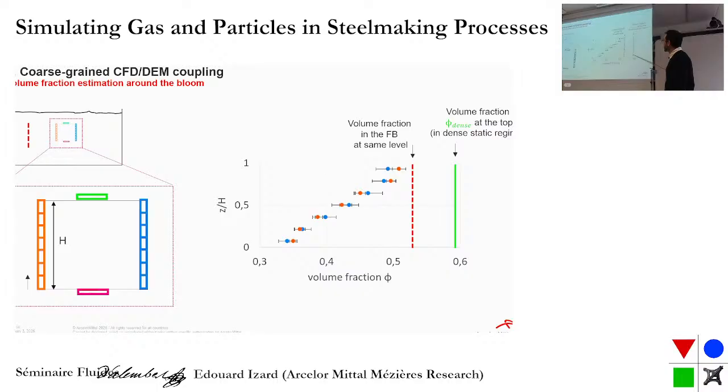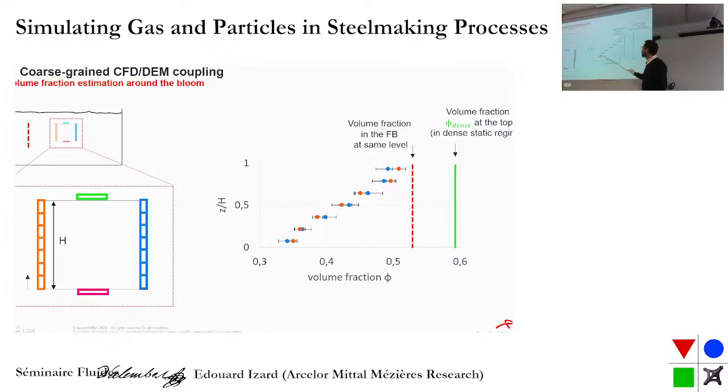There are several quantities. The green is the value of the density in the dense case without any fluidization. The red line is inside the fluidized bed but far from the bloom, to give you a sort of value to compare to what is happening close to the bloom.